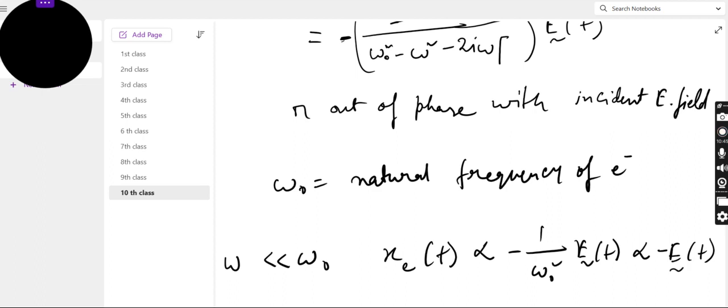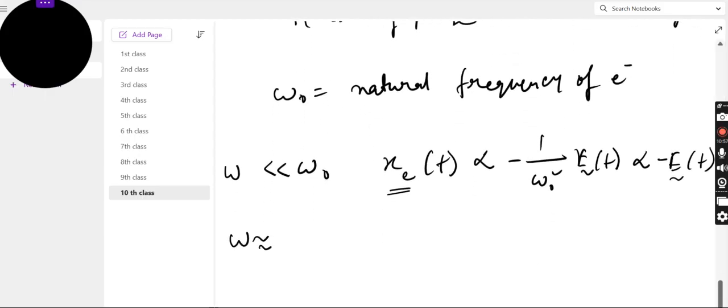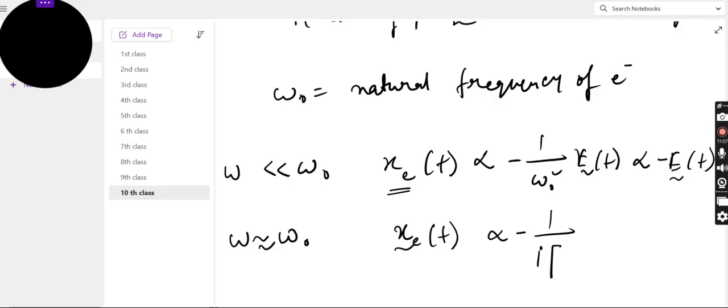Here the electron cloud will oscillate at the frequency of omega, but the amplitude will be decreased. When omega is almost equal to omega naught, x_e(t) will be minus i times 1 over gamma times E(t), which can be written as minus i E(t). So this is the resonance.